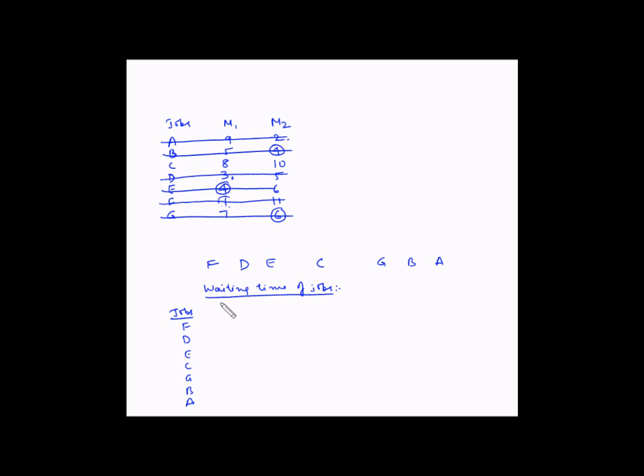So to calculate the waiting time of jobs, we'll first plot the in and out time for both machines M1 and M2. So M1 in, out, and then M2 in, out.